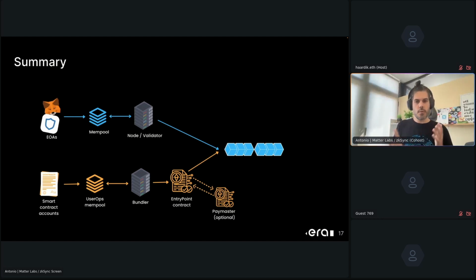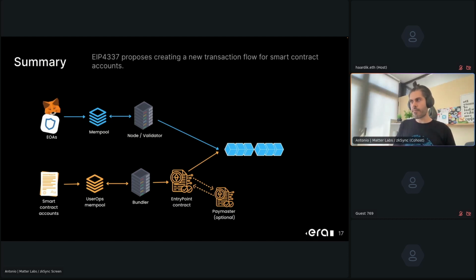The paymaster will do its own logic and decide if it will pay the transaction fees or not. Then it will send it back to the entry point contract, and then the entry point will add it to the blockchain. So that's where paymasters are in the EIP 4337. So in summary, again, there is a completely new transaction flow for smart contract accounts. There is some logic for paymasters, and this is EIP 4337.